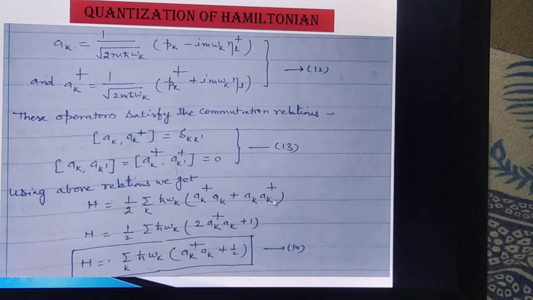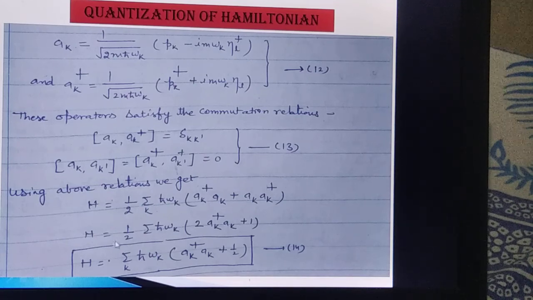And as you know already, this can be written using the commutator of ak and ak dagger equal to 1, so ak ak dagger minus ak dagger ak equal to 1. So you can replace ak ak dagger by ak dagger ak plus 1.